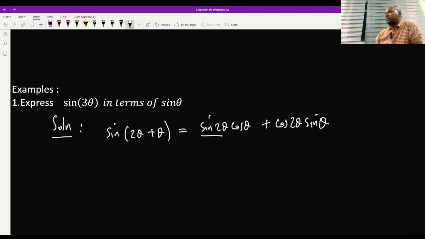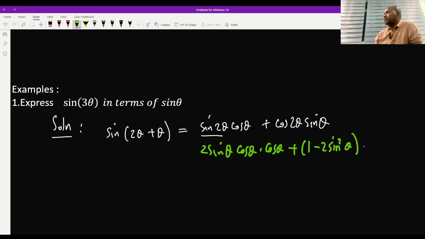We know sine 2 theta is 2 sine theta cosine theta, multiplied by cosine theta again, plus cos 2 theta, and I'll prefer to use 1 minus 2 sine squared theta, times sine theta. Mind you, the question asked you to express it in terms of sine theta.